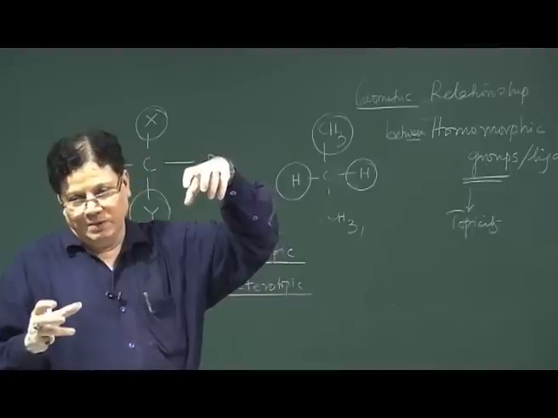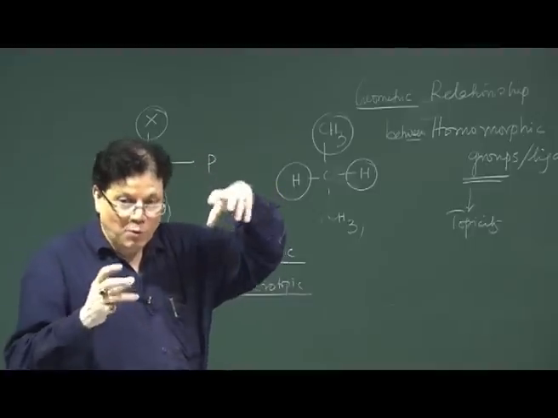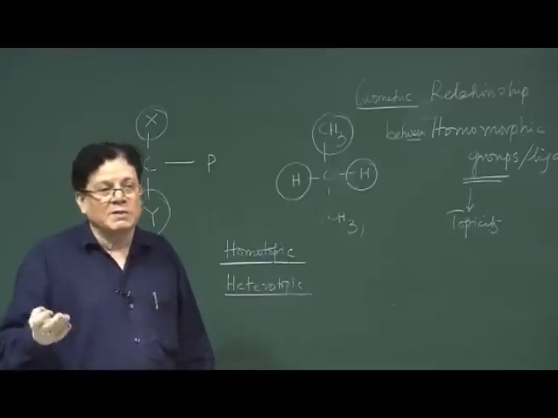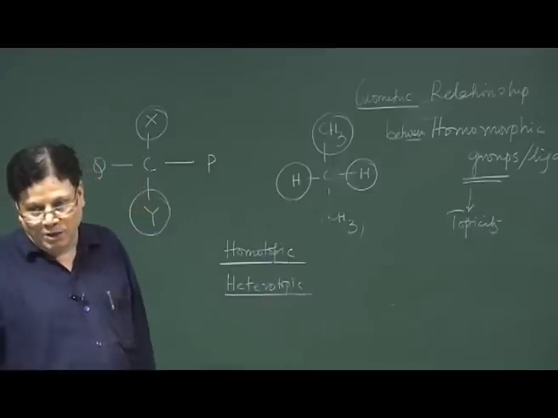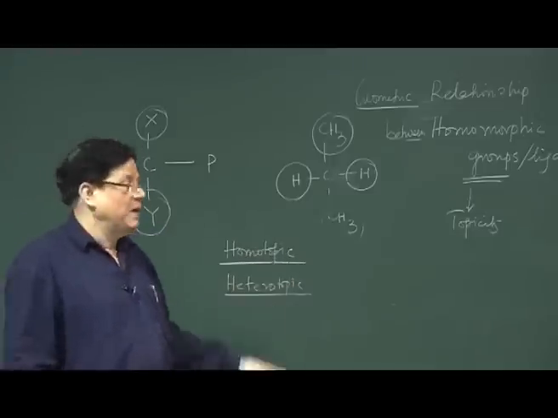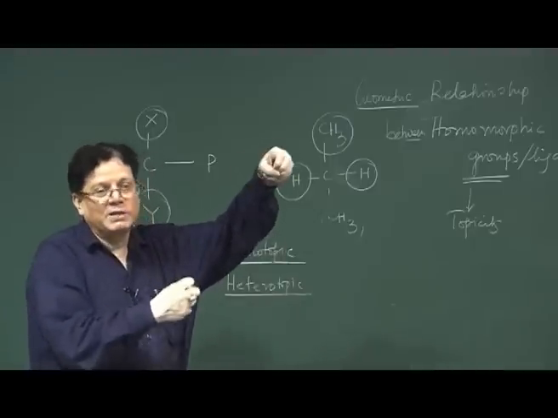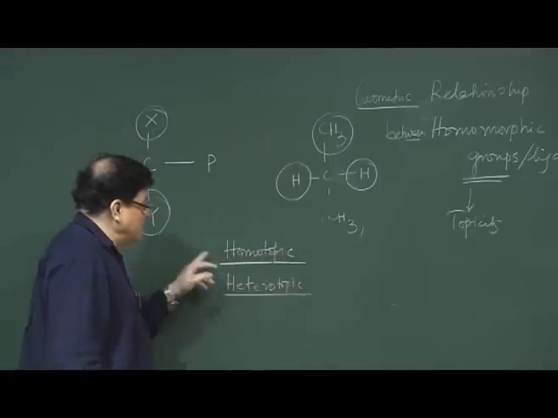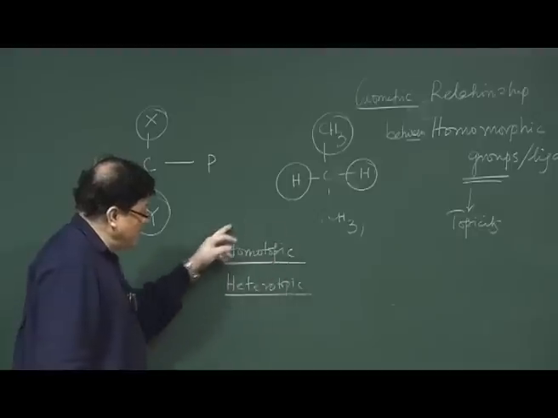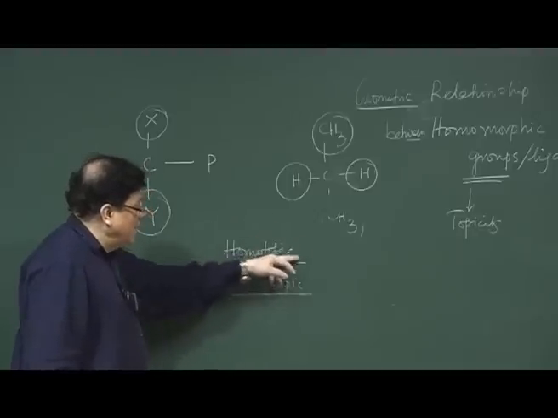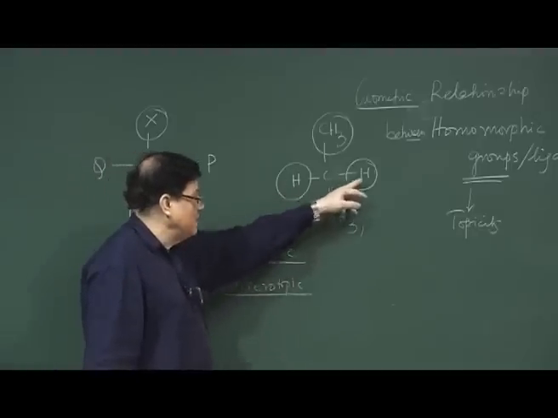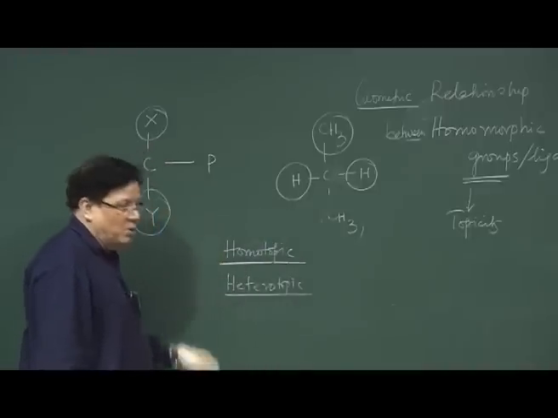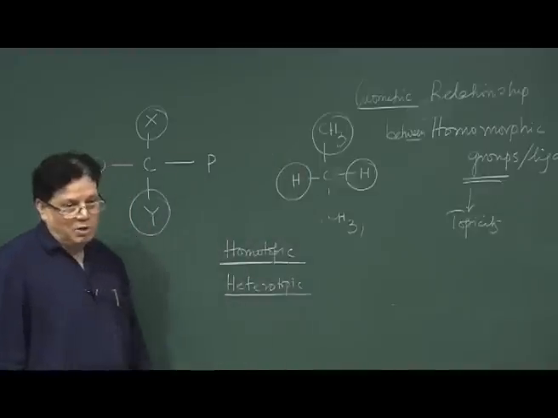are considering. Okay. First of all, they have to be homomorphic, that means they have to be same, otherwise there is no comparison. See, you cannot compare chlorine with a fluorine, they are different ligands. Okay. We are comparing either 2 chlorines or 2 methyls or 2 hydrogens or 2 fluorines, but out of that you can have various situations where, suppose these 2 hydrogens, if I consider these 2 hydrogens can be homotopic or heterotopic depending on the structure of the molecule.